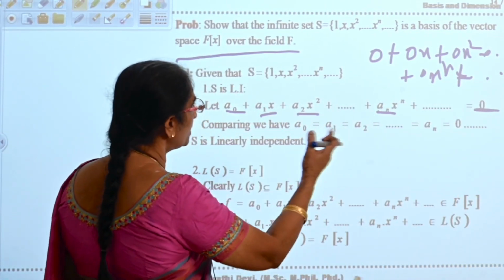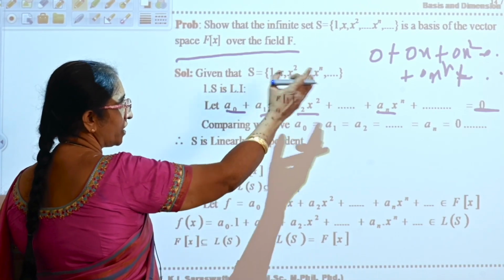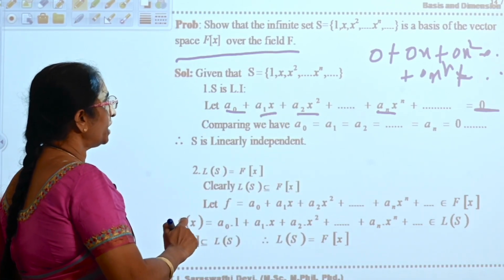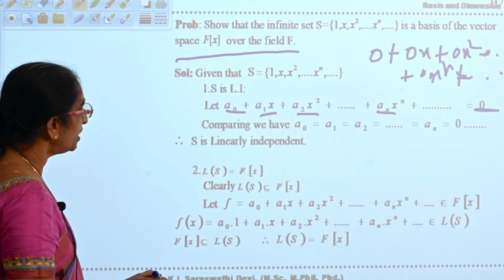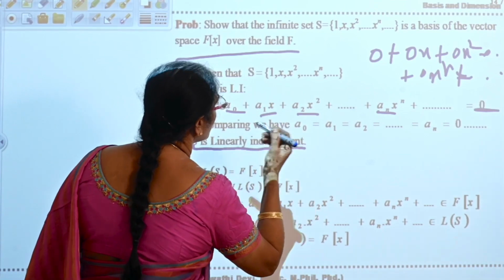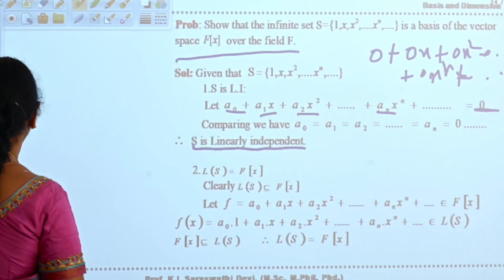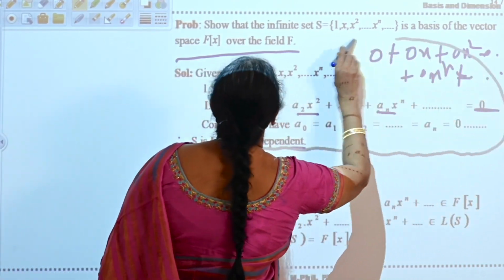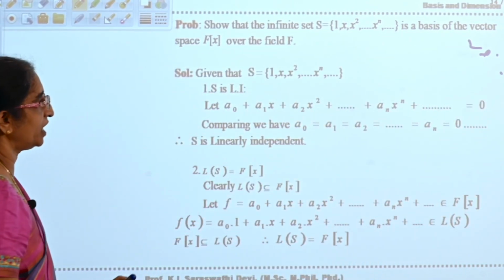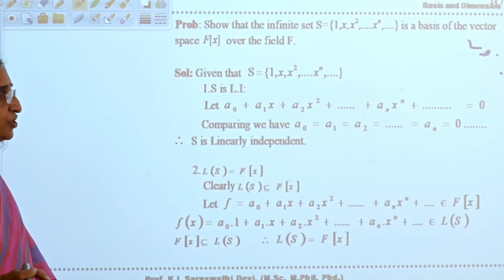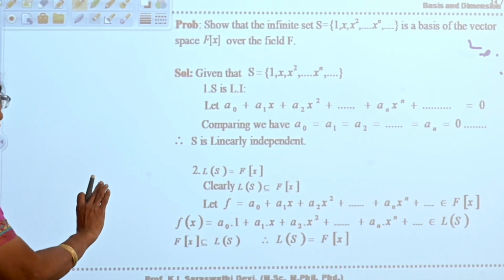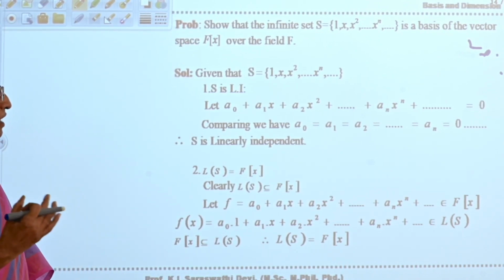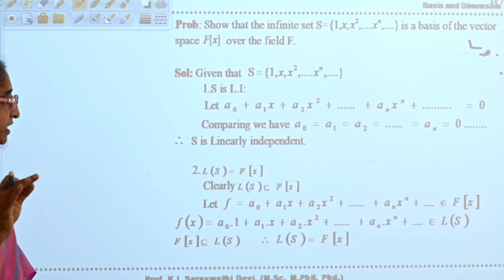So if you equate the like coefficients, the constant a naught is equal to 0, the coefficient of x, a1, is equal to 0, and so on. Okay. Next, therefore what can you say? S is linearly independent. How are you able to say that S is linearly independent? Because you had considered the linear combination of the elements of S equal to 0, and you are able to show that all the constants in that combination become zero at a time. Therefore, S is linearly independent.